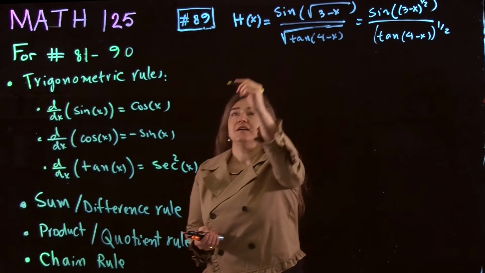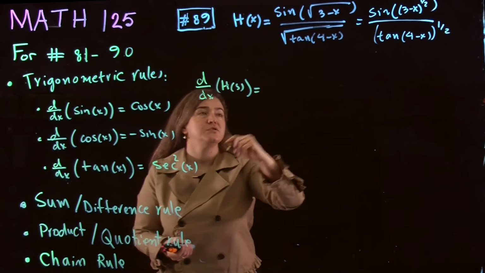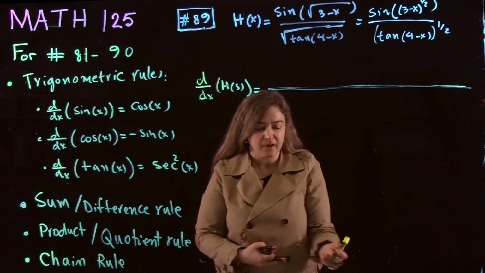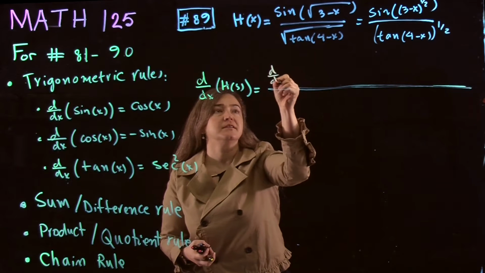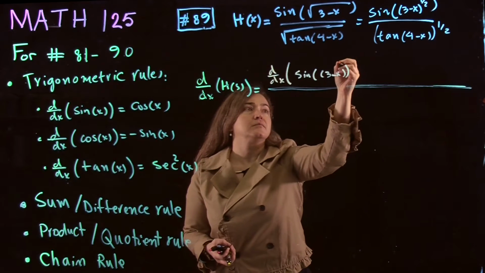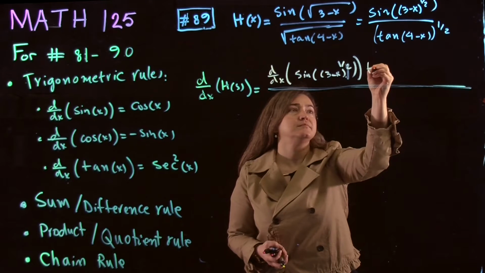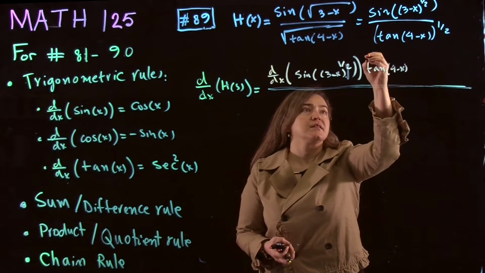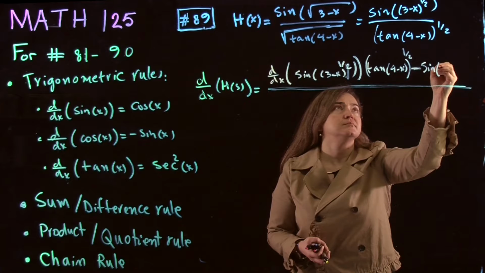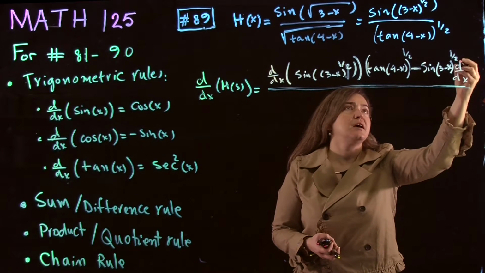I'm starting with the derivative with respect to x of h of x, which is going to be a big quotient line, and derivative of the numerator times the denominator, minus the numerator times the derivative of the denominator.